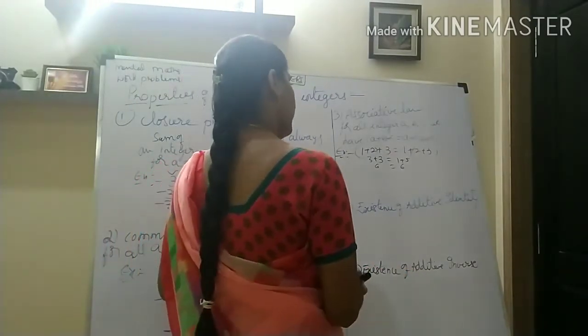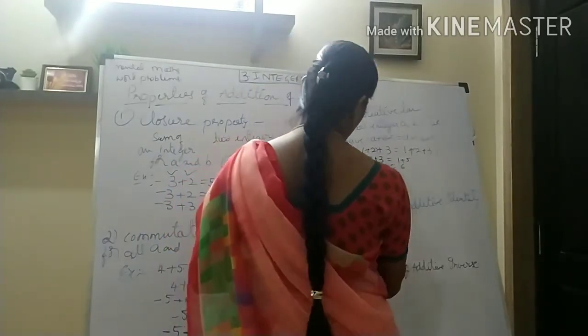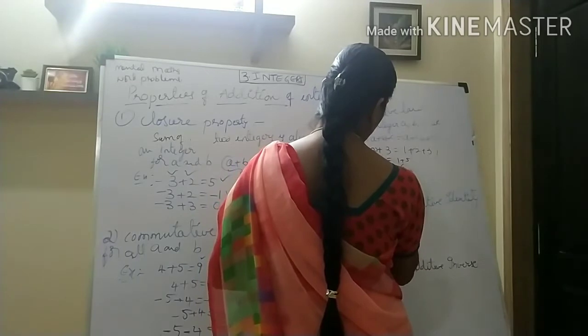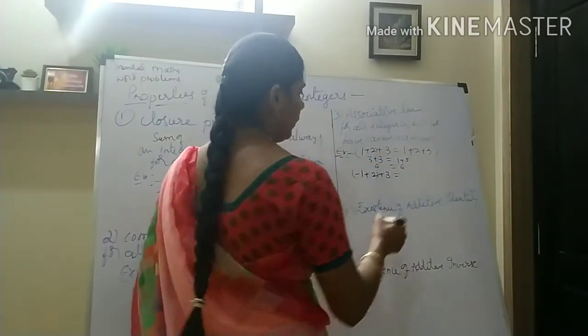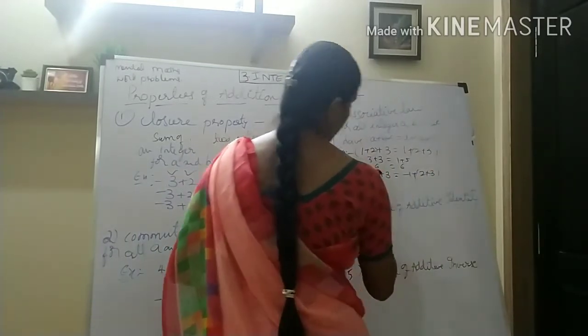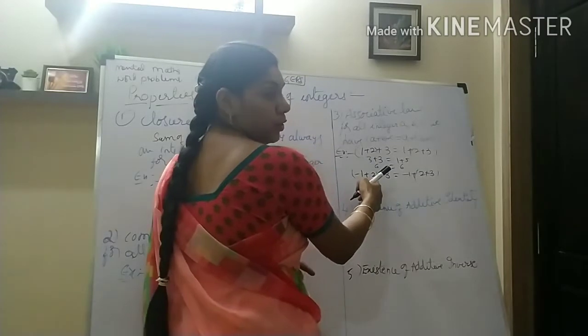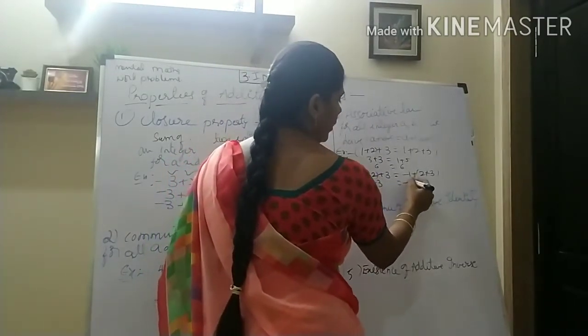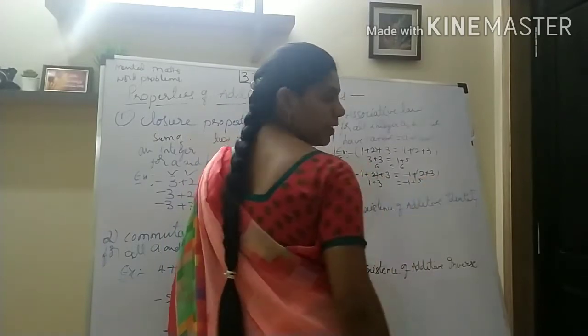Now see with negative numbers. So I am taking minus 1 plus 2 plus 3. First I am adding the first 2 numbers here. After that minus 1 as it is and 2 plus 3. So minus 1 plus 2, 2 minus 1, 1. 1 plus 3. Now see minus 1 as it is, this one plus 5.